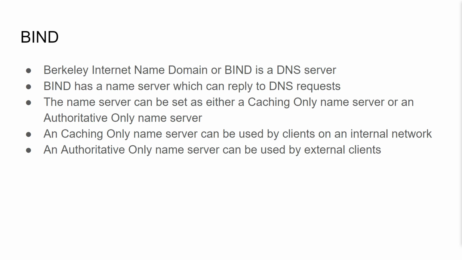The name server can be set as either a caching only name server or an authoritative only name server. A caching only name server can be used by clients on an internal network, and an authoritative only name server can be used by external clients.